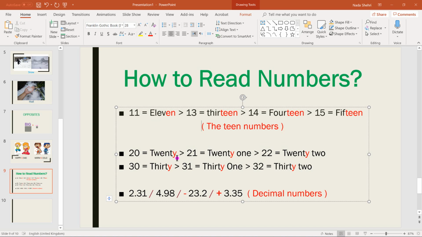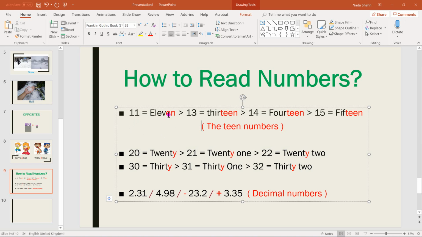Ladies, here is an easy way to read and to pronounce numbers. After finishing with number 10, we have number 11. Remember, we pronounce 11. We pronounce the n sound.